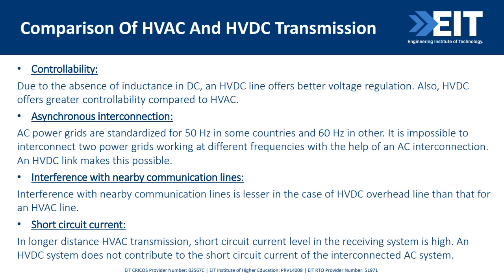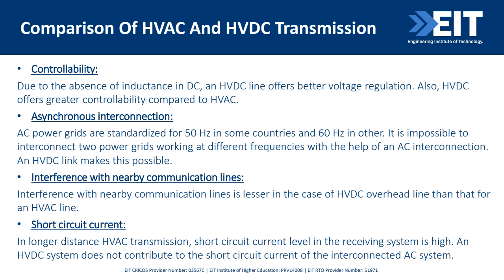The first one is controllability. Due to the absence of inductance in DC, because DC is simply zero frequency and essentially has no inductance, an HVDC line offers better voltage regulation and greater controllability compared to HVAC.